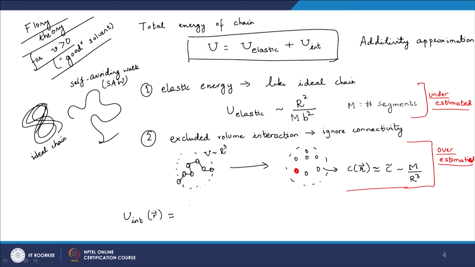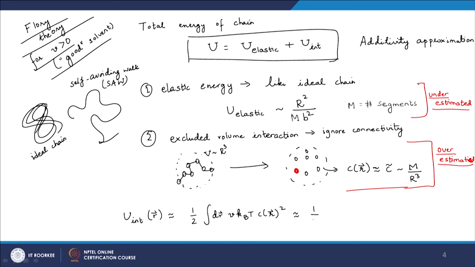So I will first approximate it using only the first term in the Virial expansion, and then I will use the idea that the concentration is assumed to be uniform.